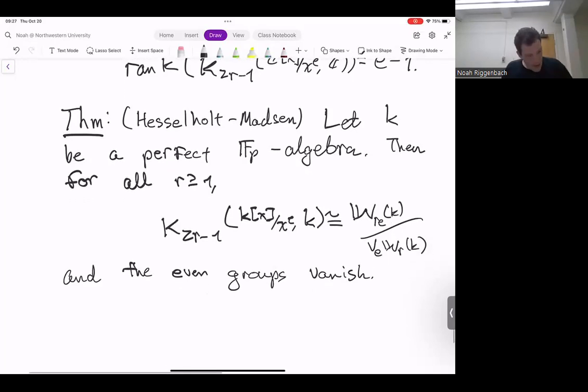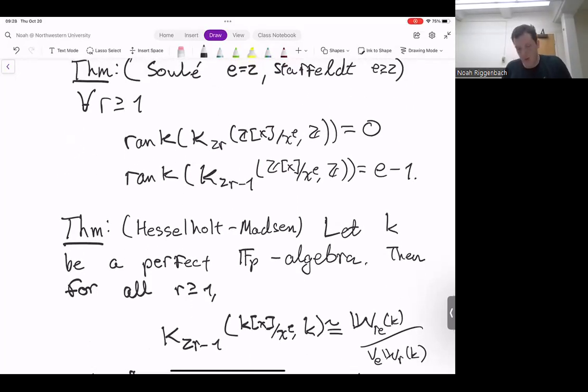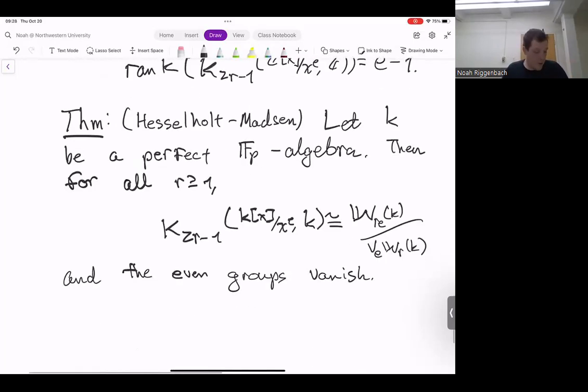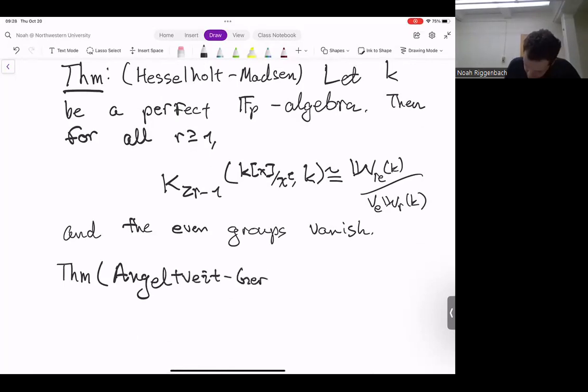And then the next thing I wanted to mention on previous work is that actually this theorem by Soulé and Stafford was not the end of the story for studying these K groups for the integers. So theorem. This was due to Angeltveit, Gillet, and Hesselholt.